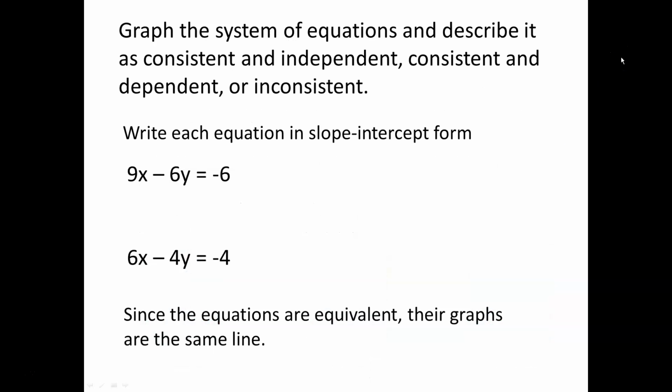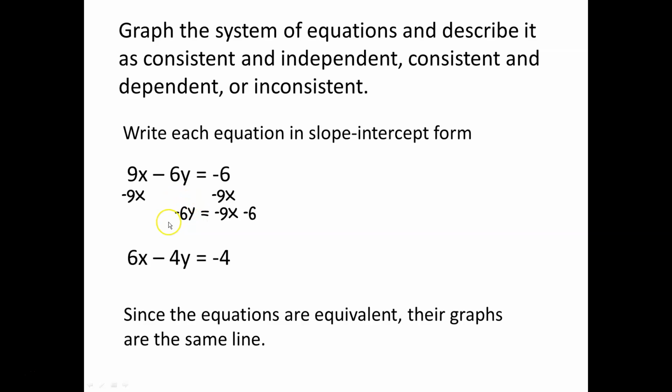So let's graph the system of equations and describe it as consistent and independent, consistent and dependent, or inconsistent. So let's write each equation in slope-intercept form. So here's our 6y. We want to go to the x, get rid of that first. That's a positive 9x. So we're going to subtract 9x from each side. That leaves us with negative 6y equals negative 9x minus 6.